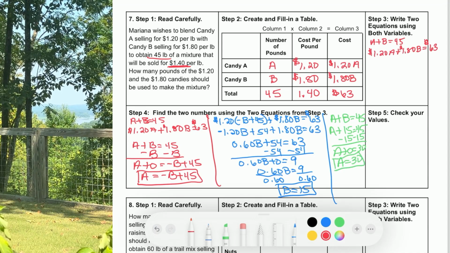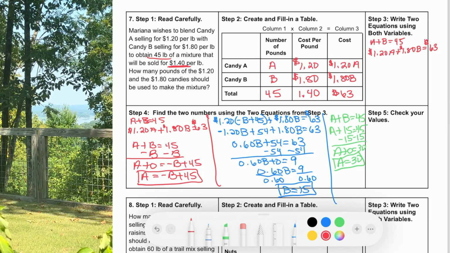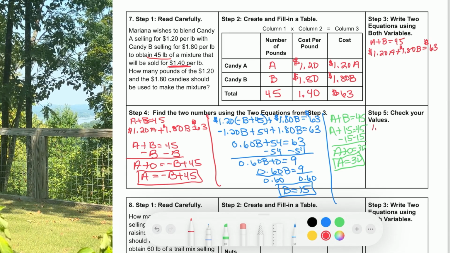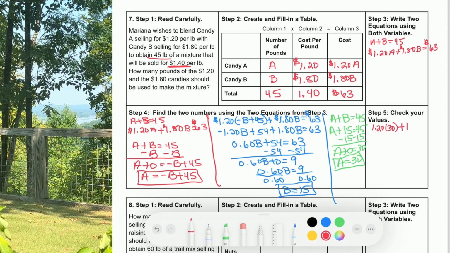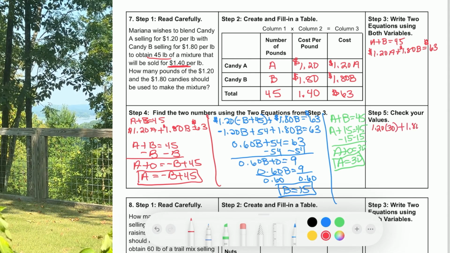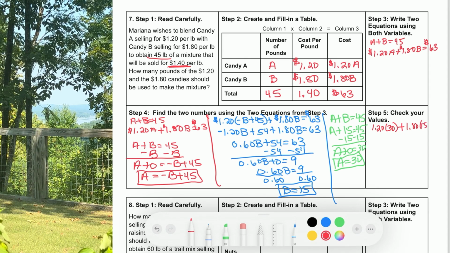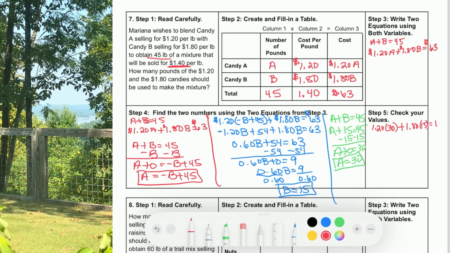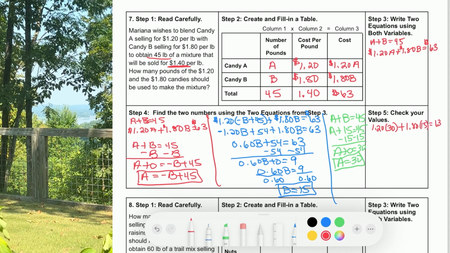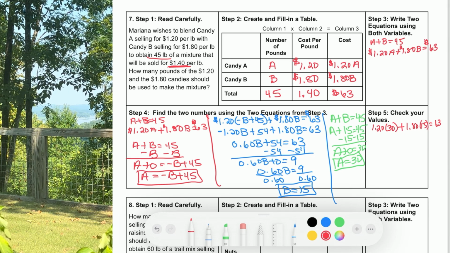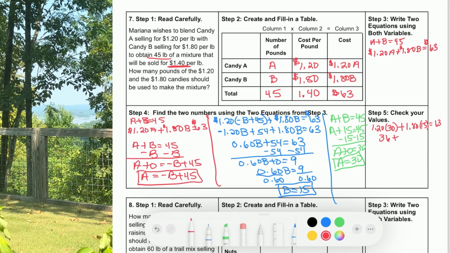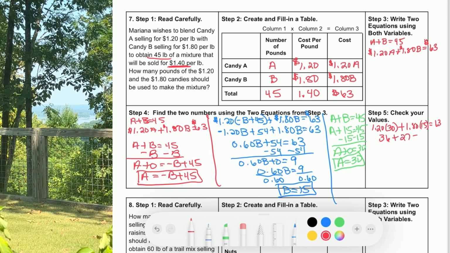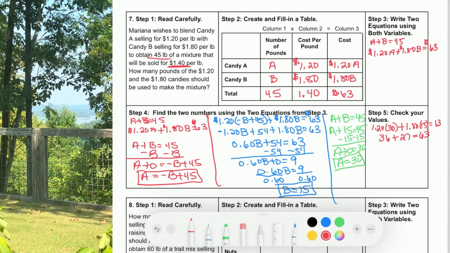Now let's double check and make sure we got the correct answers. So $1.20 times 30 plus $1.80 times 15 equals 63. $1.20 times 30 gives me 36. $1.80 times 15 gives me 27. 36 plus 27 is 63.